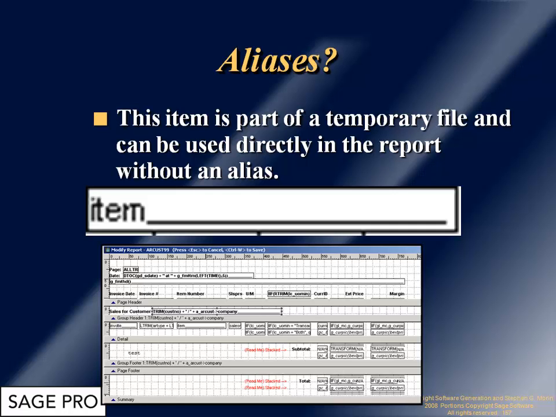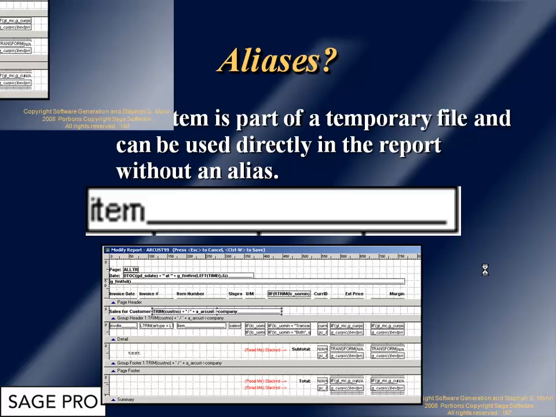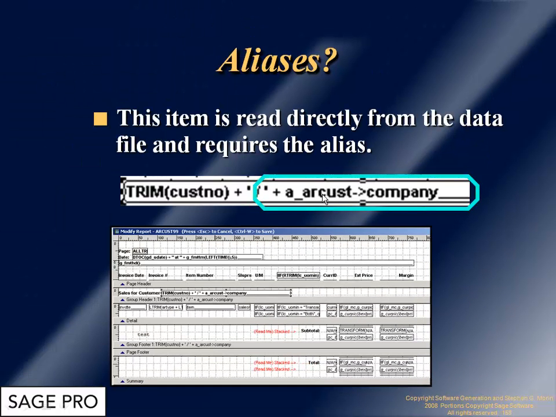That's just a little bit about getting into advanced use of data and being able to define it that way. So that's called an alias, and the alias for the AR customer file is always A_ARCust. The AR master would be A_ARMast, and then you point to the data piece you want. If you want to get into this a little bit more, I'll get into it after class.